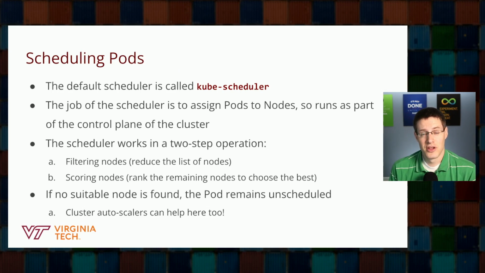And finally, if the kube-scheduler doesn't find a suitable node, well, then the pod just remains unscheduled and just says, sorry, I can't put this anywhere. Now, depending on your environment, this actually becomes pretty important.